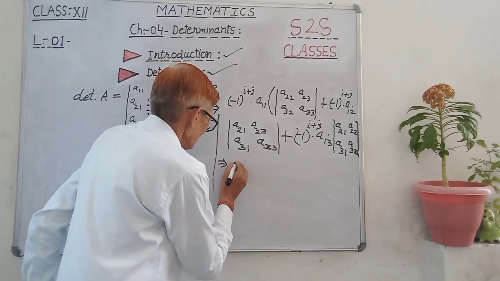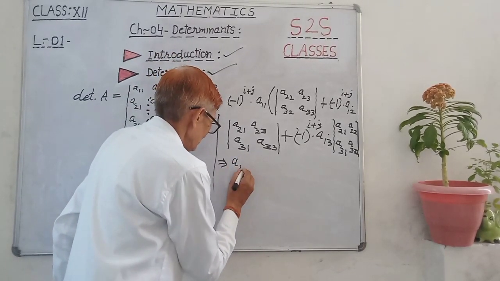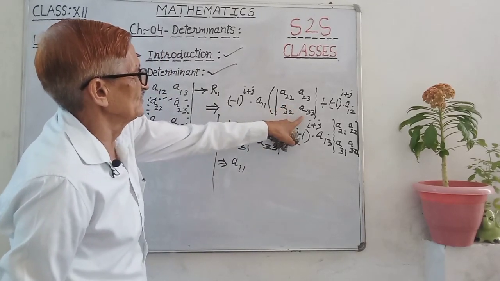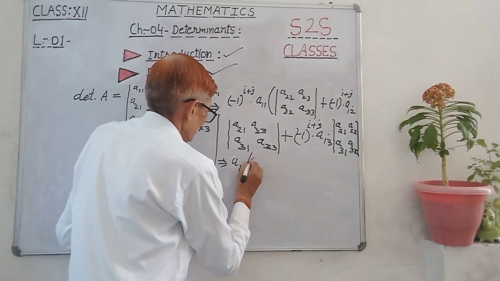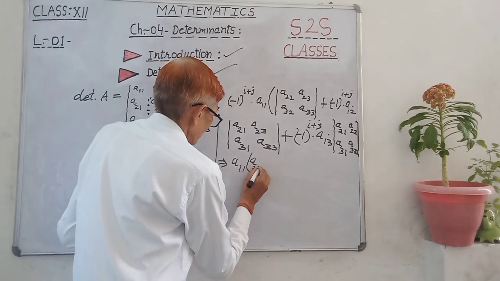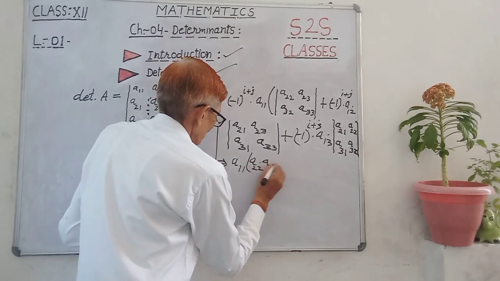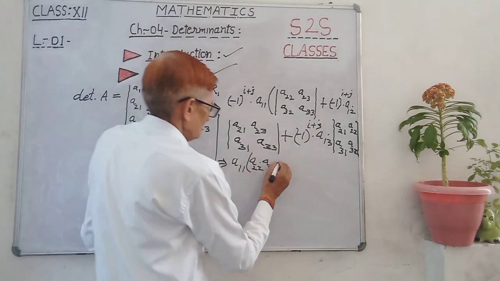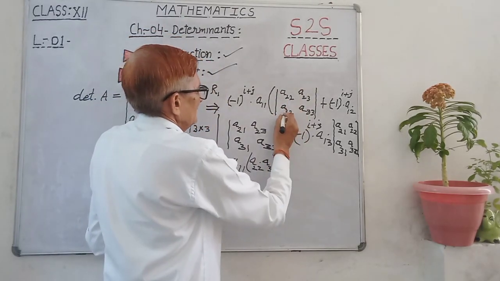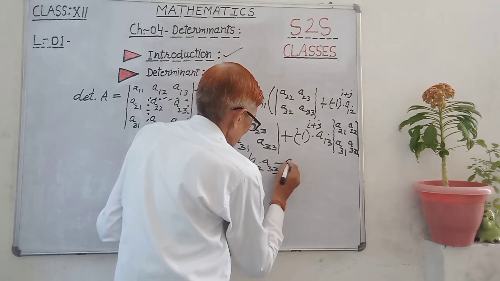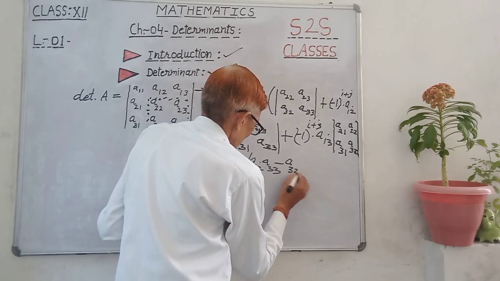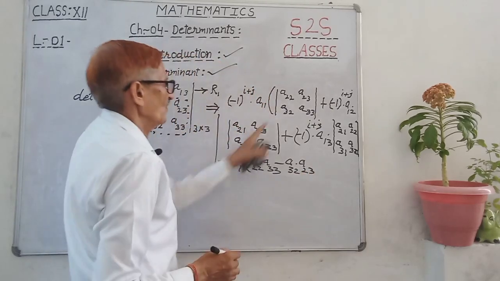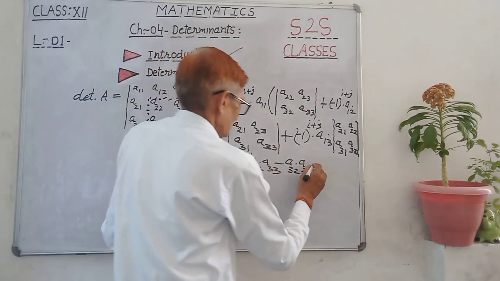So a11 element into this is cross multiply: a22 a33 minus this element a32 a23. Okay, done.